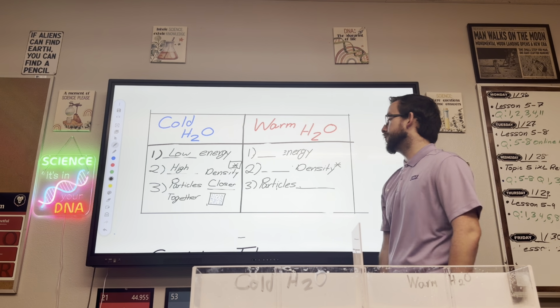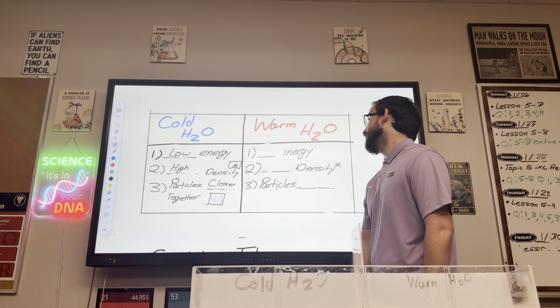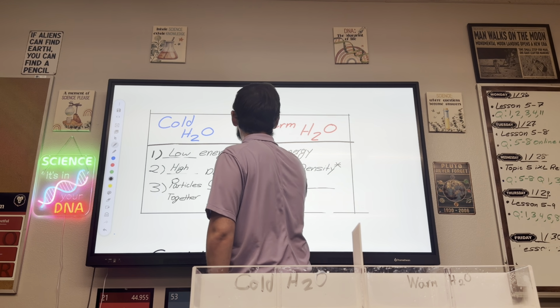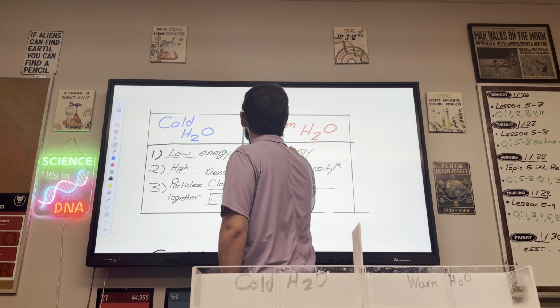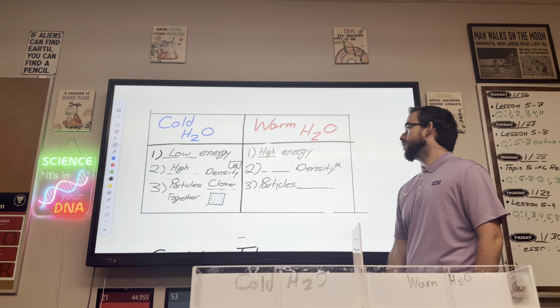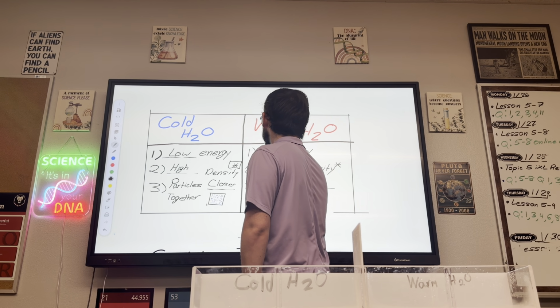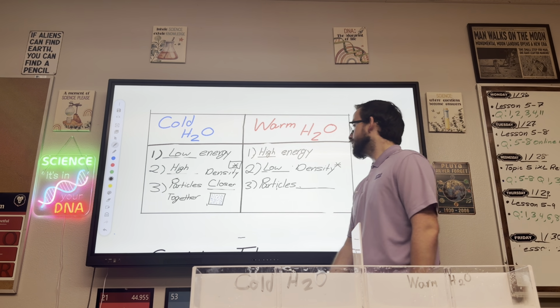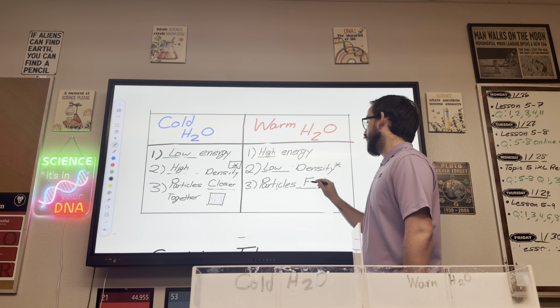If cold water has low energy, since they're opposites, warm water is going to have high energy. Warm water is also going to have a low density, and its particles are going to be really far apart.